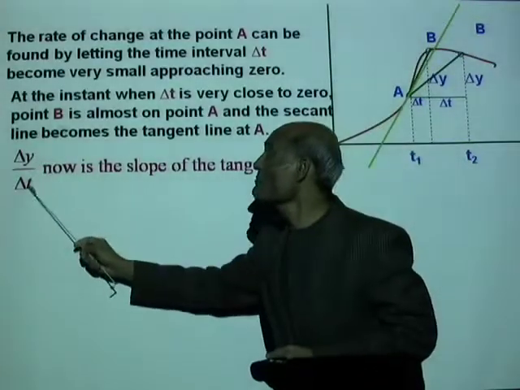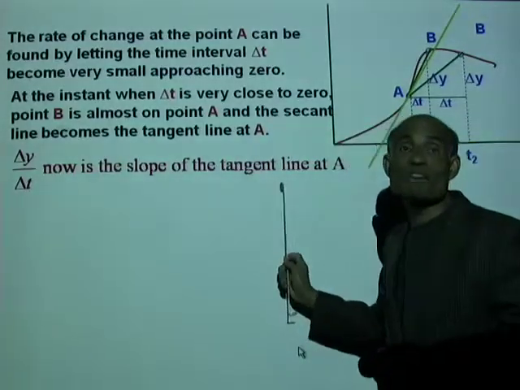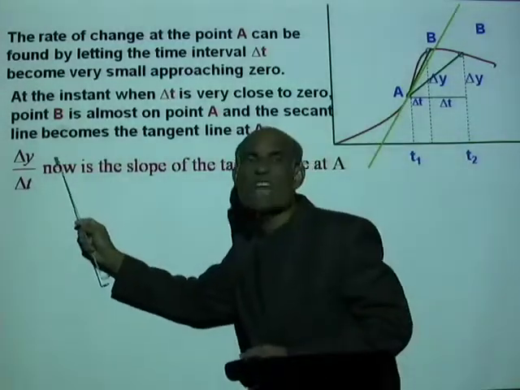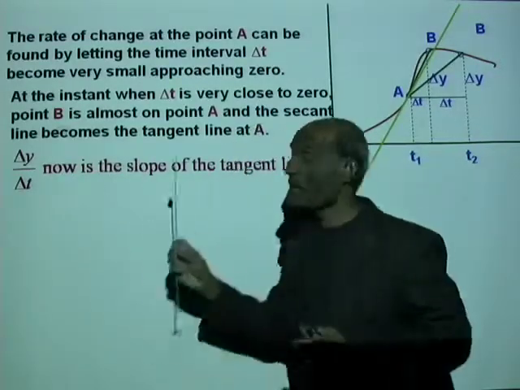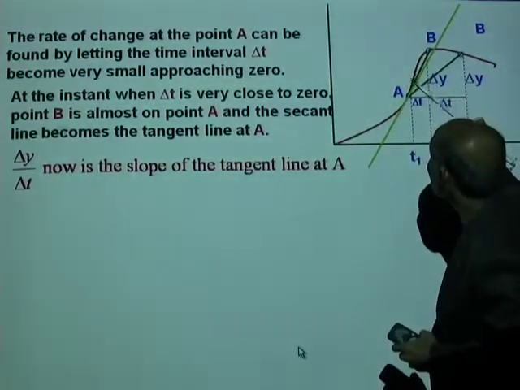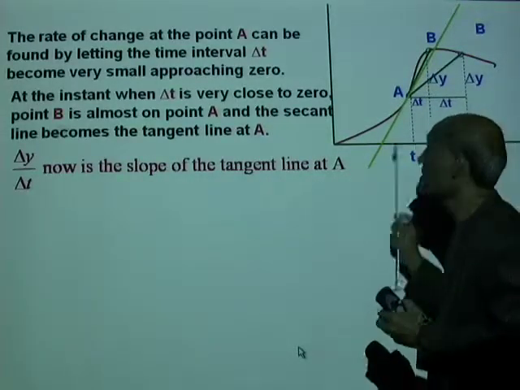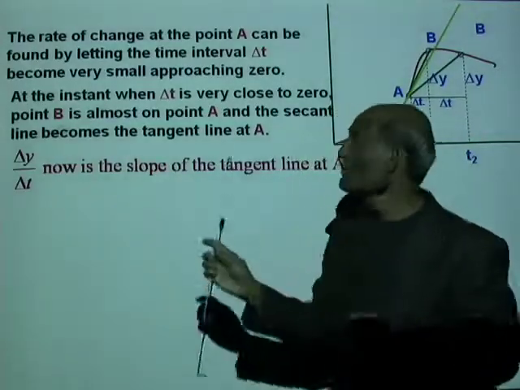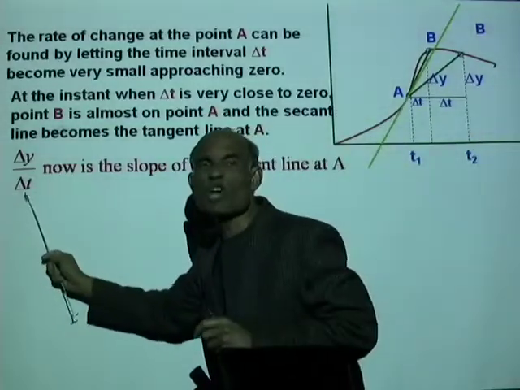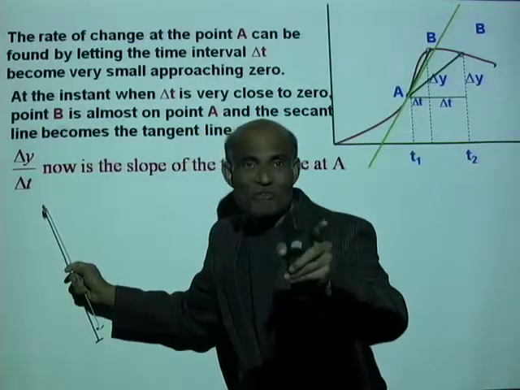So, delta y by delta t now is the slope of the tangent line. Now, when you say now, what does that now mean? Now means when B is very close to A, so that the time delta t is very small, very close to 0. When that delta t is very close to 0, we talked about limiting value, didn't we?